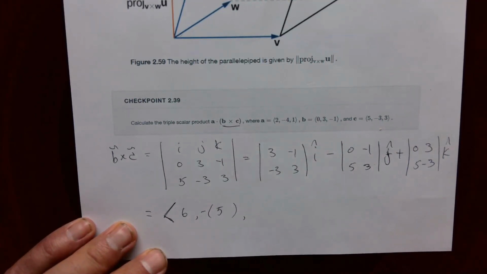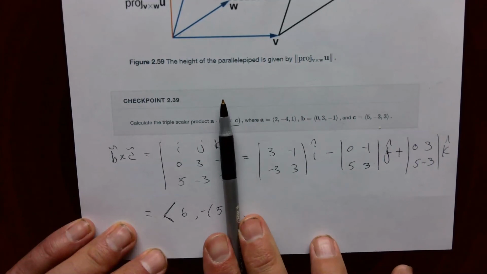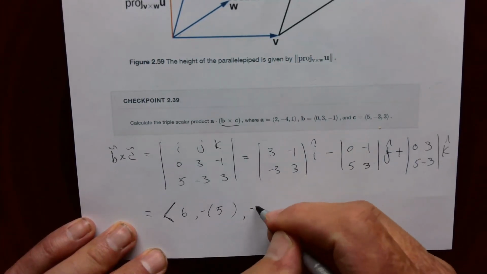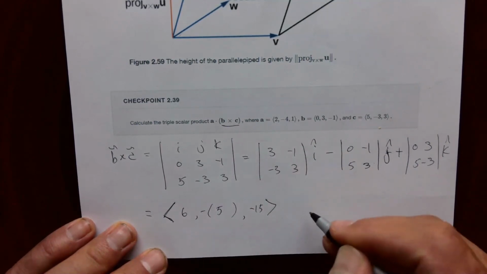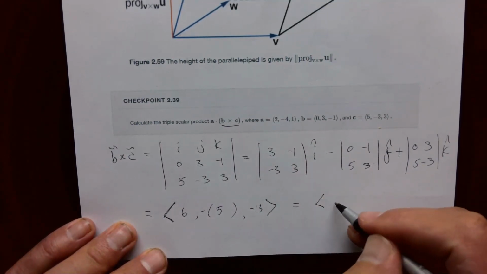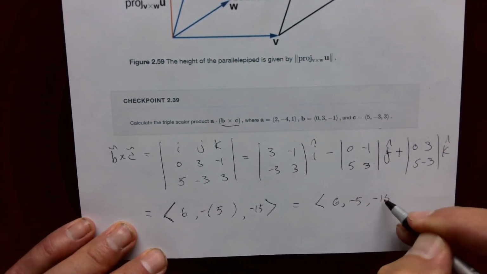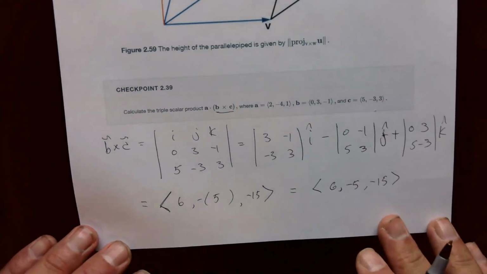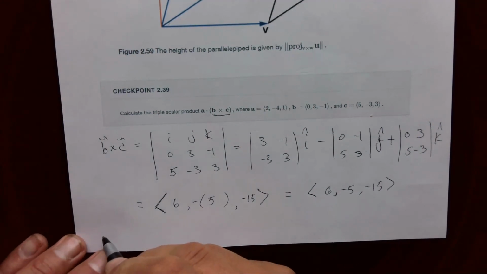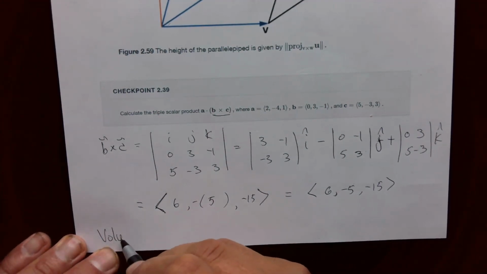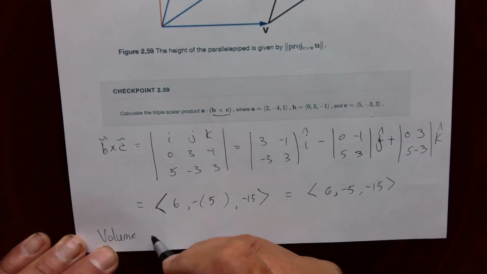But then we have to negate that, and then what we get by crossing off the last column, that's going to be 0 minus 15, so -15. Alright, so our vector is 6, -5, -15. That's B cross C.